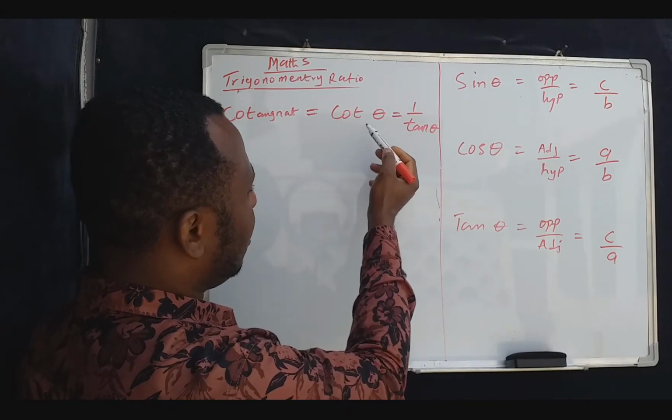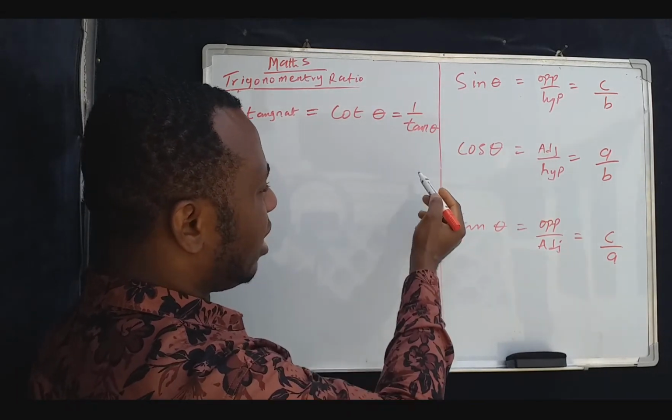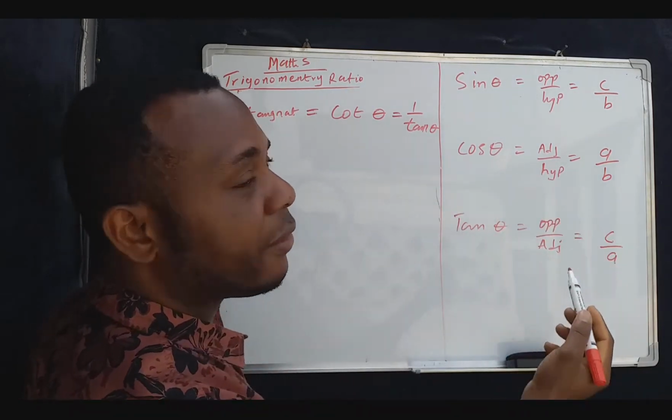Cotangent is equal to cot theta, and cot theta is equal to 1 over tan theta. So what is tan theta first?